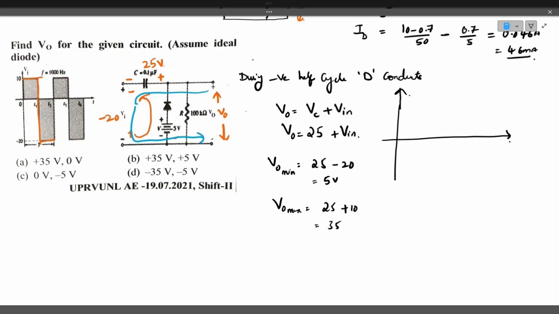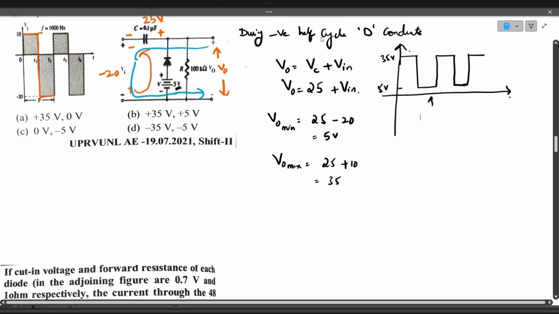So it will be fluctuating between 35 volts and 5 volts. This is the output waveform. So it's not just a positive clamper that shifts the waveform to the positive side, but there is also a positive bias. This positive bias of 5 volts pushes the waveform 5 volts further positive. So that is the function.